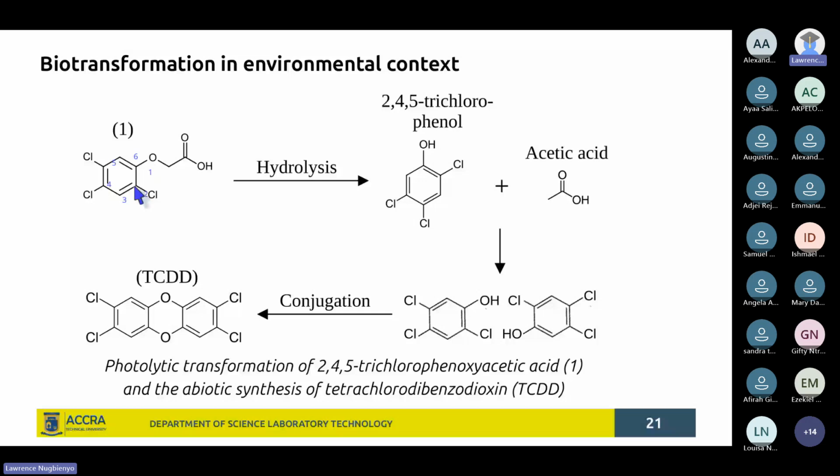You had this herbicide developed, trichlorophenoxyacetic acid, but now it has been prohibited in all countries because over time it was identified that the substance undergoes a hydrolytic reaction in the environment and produces trichlorophenol, and the trichlorophenol can conjugate and form these dioxins.